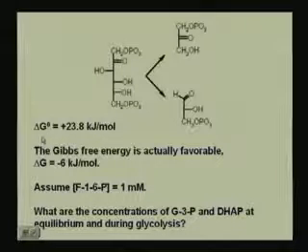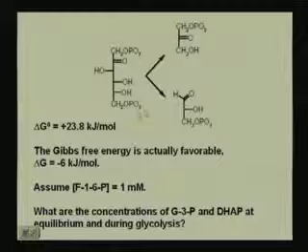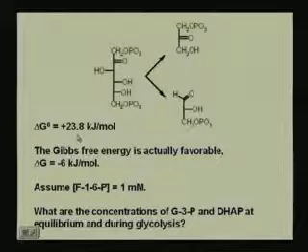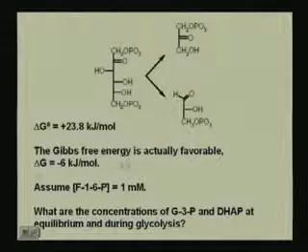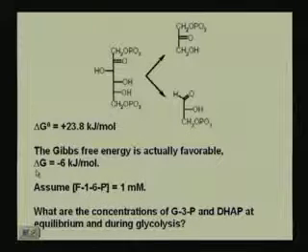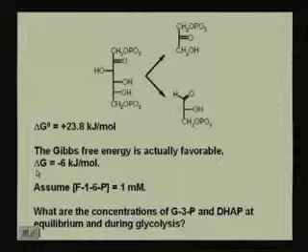Now, we have a delta G0 for this particular reaction with a value of plus 23.8 kilojoules per mole. The Gibbs free energy is actually favorable. What does that mean? Let's just write this down clearly.